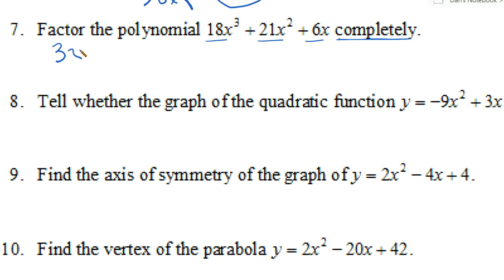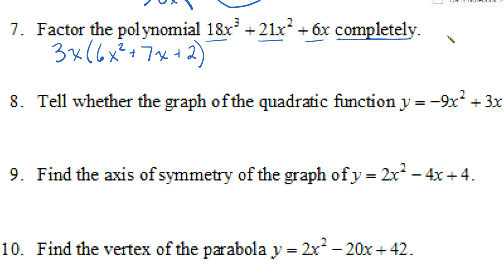So I can divide out a 3x. And that leaves me with 6x squared. And it should give you an x squared here. Plus 7x. 7 times 3 is 21. Plus 2. 3x times 2x is 6x squared.